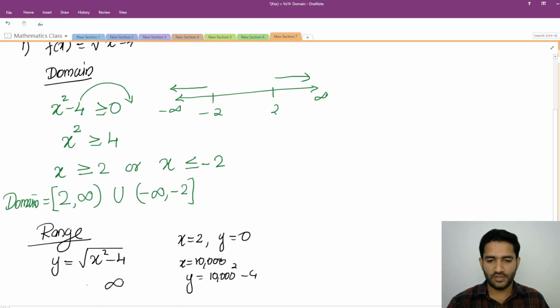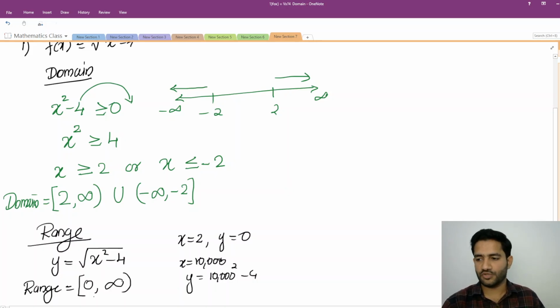So values of y, that means the range, starting from 0 and not ending at infinity, because infinity is a concept. It is not defined. The end value is not defined. So starting from 0, therefore range is equal to 0 to infinity.